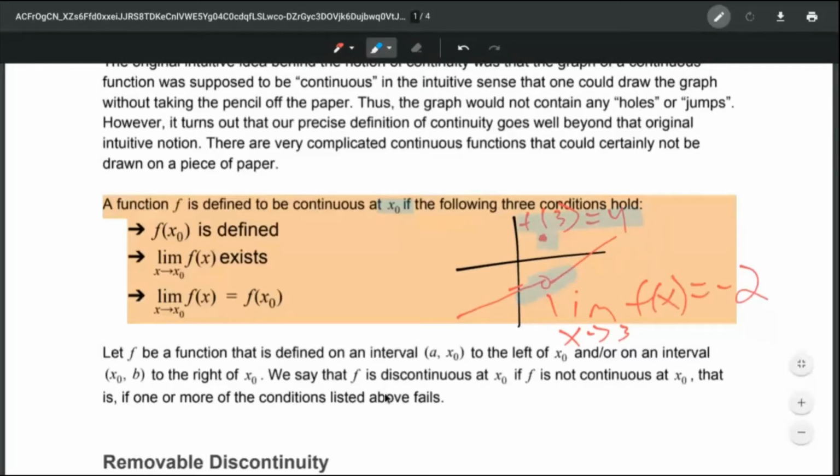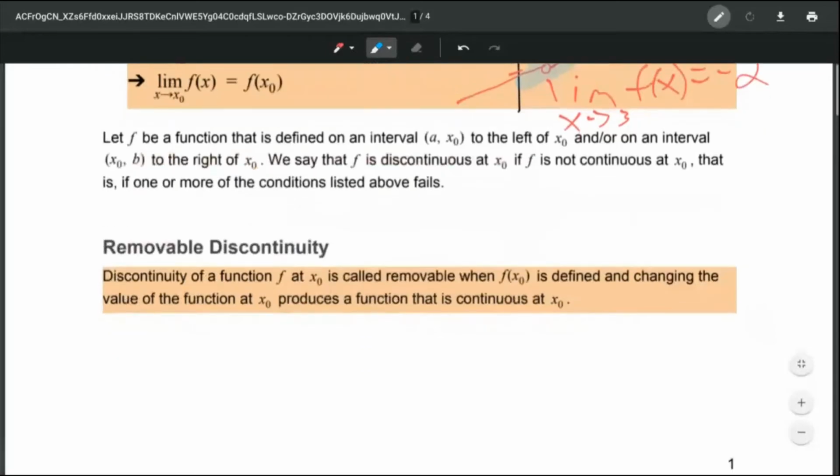So let's look at the different types of discontinuity. Discontinuity of a function f at x sub 0 is called removable when f of x sub 0 is defined and changing the value of the function at x sub 0 produces a function that is continuous at x sub 0.